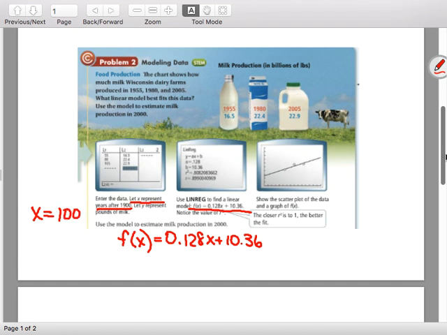So I want you to take out a calculator if you have one, and we're going to plug in x is 100. And we want to find out what the approximate milk production was by the Wisconsin dairy farms in the year 2000.